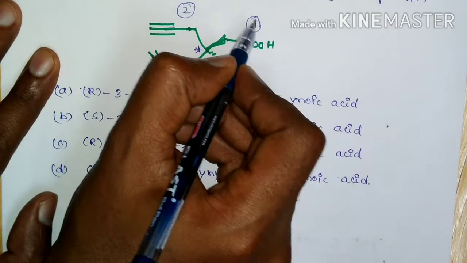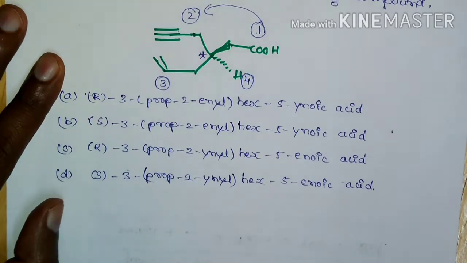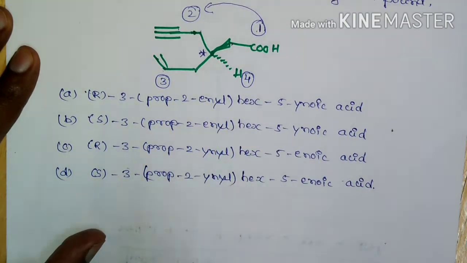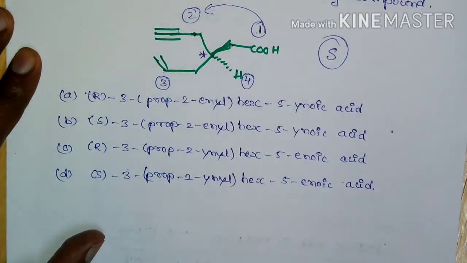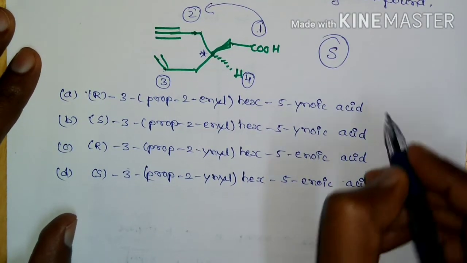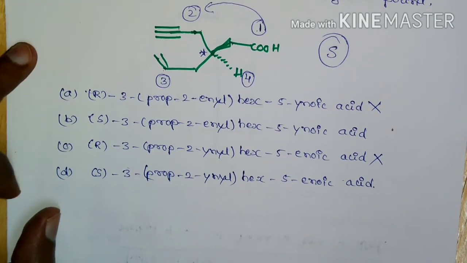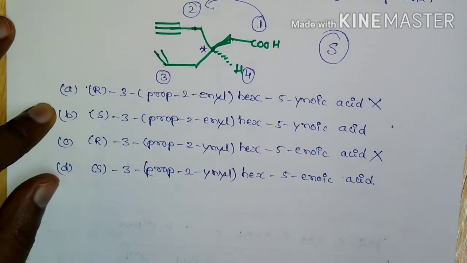If you move along the priority 1, 2, 3, 4, it will be anti-clockwise. Since the fourth group is below, our configuration will be S. So we can rule out the R configuration options. Here these two are R configuration. Now we have two options with S configuration.